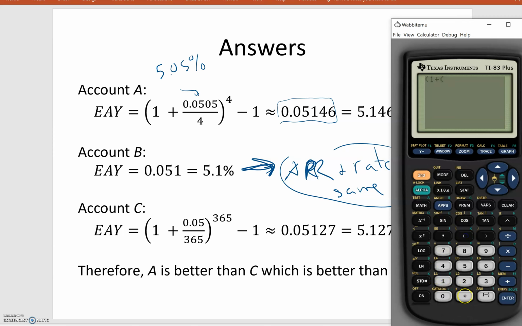So use your parentheses. And that's how you do it. So 0.05146, there you see the answer.